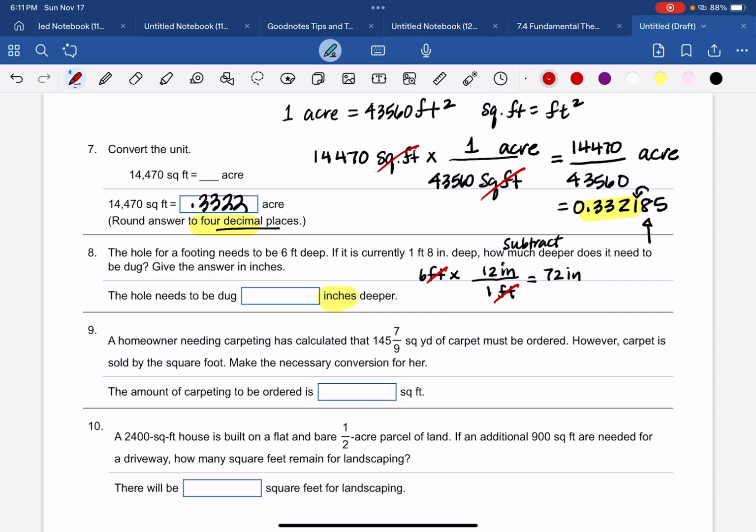Now the other one is 1 foot and 8 inches. Well, 1 foot is 12 inches plus the 8 inches, that's 20 inches. So if we need 72 inches and we've already done 20 inches, 72 minus 20 is 52 more inches deep.